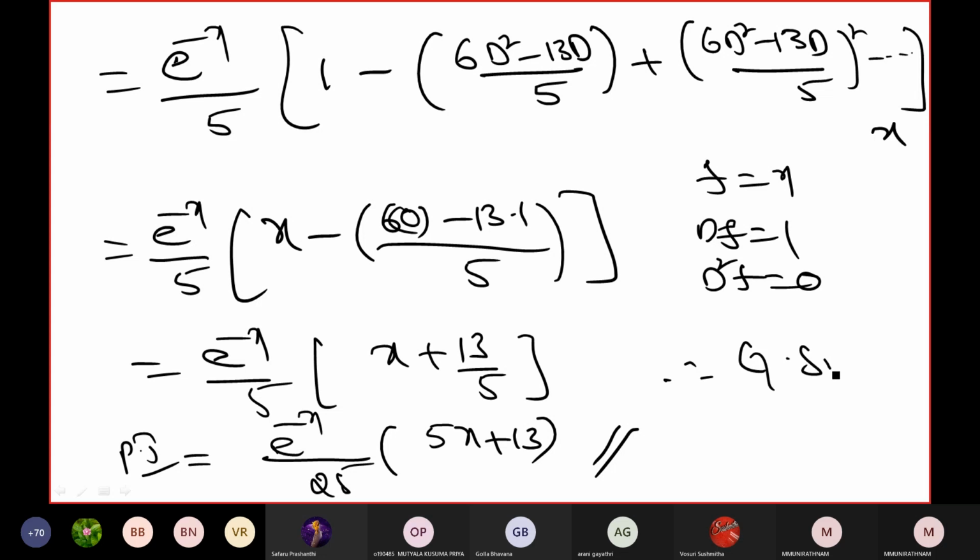Therefore, general solution is y equal to CF plus PI. CF replace and PI replace. Any doubts, please?